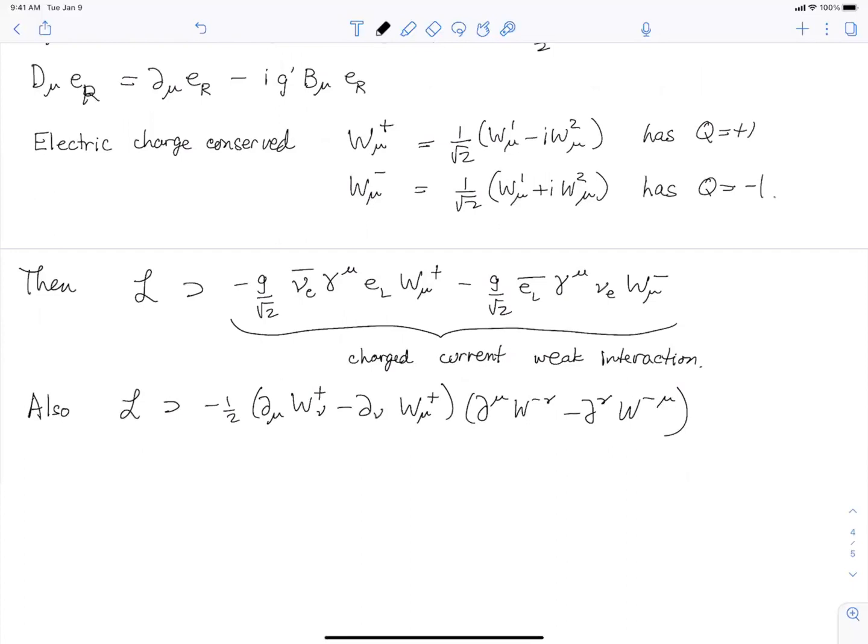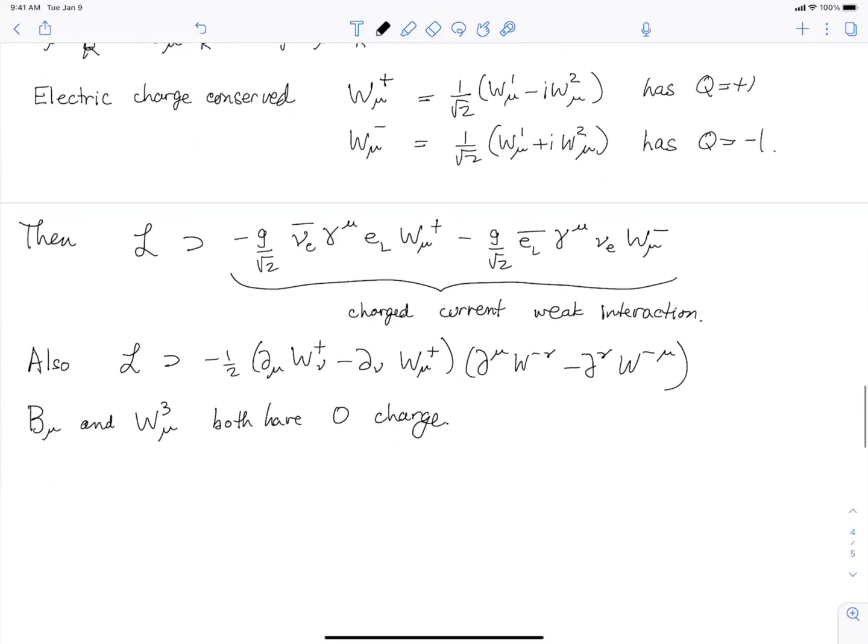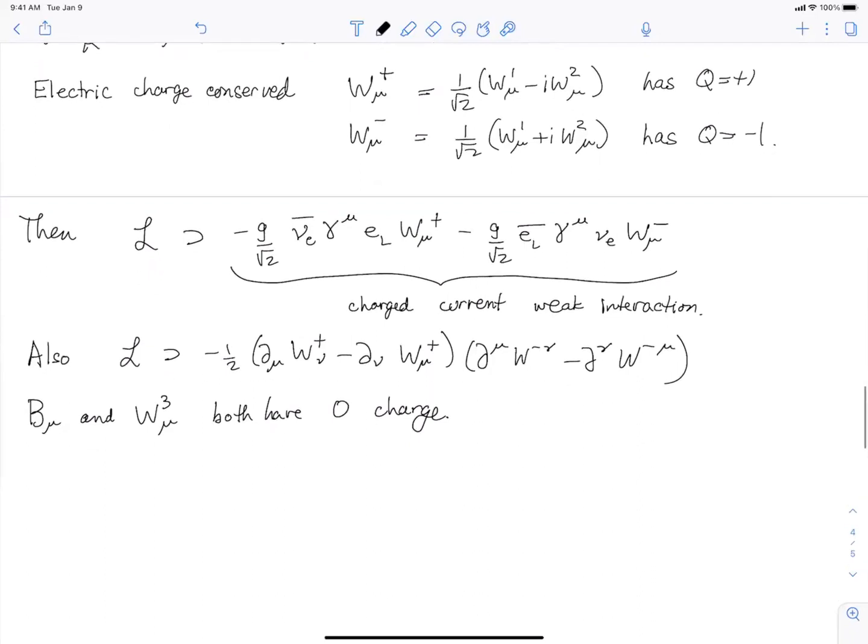Going along with this, B mu and W3 mu both have zero charge. So the fact that they both have zero charge and they're both vectors means that in general, they might mix with each other. In other words, one could turn into the other. And in fact, they do. So let's just allow for that possibility and see what happens.